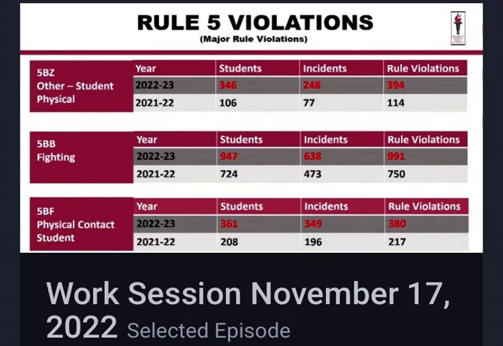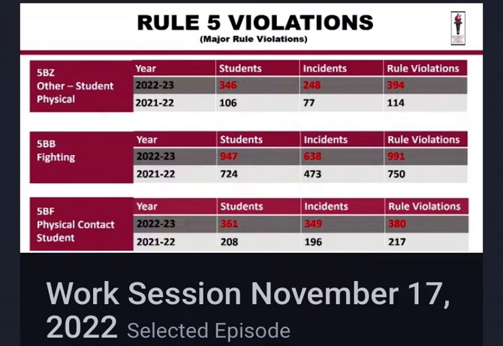So to make meaning of these numbers, we want to start with incidents, the column in the middle. Then we want to look at how many students were involved, and then we want to finally look at the number of rules that were actually violated. Now, you may see some differences here that may bring questions to mind. If we have more incidents than students, then that means students violated the rules more than once.